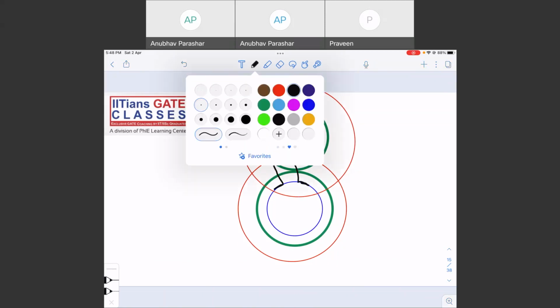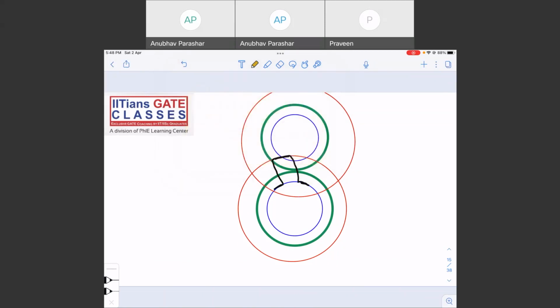On the other gear, it will look something like this. Let us not make the diagram very congested. This is how the gear tooth will look. I'm just giving a rough sketch.